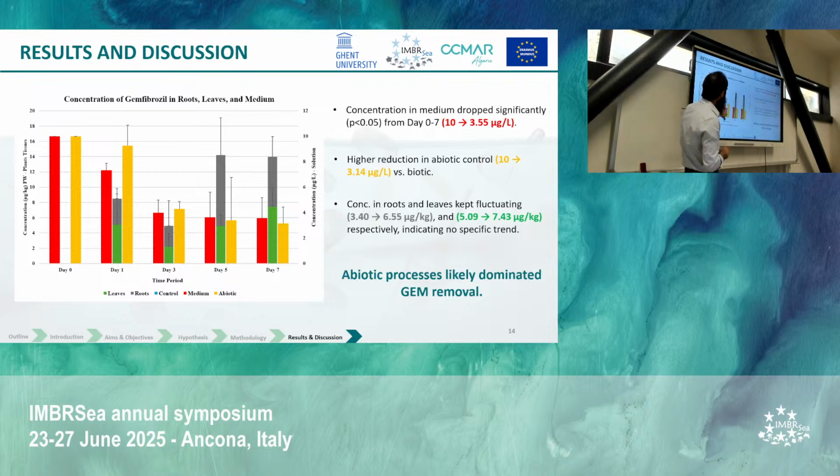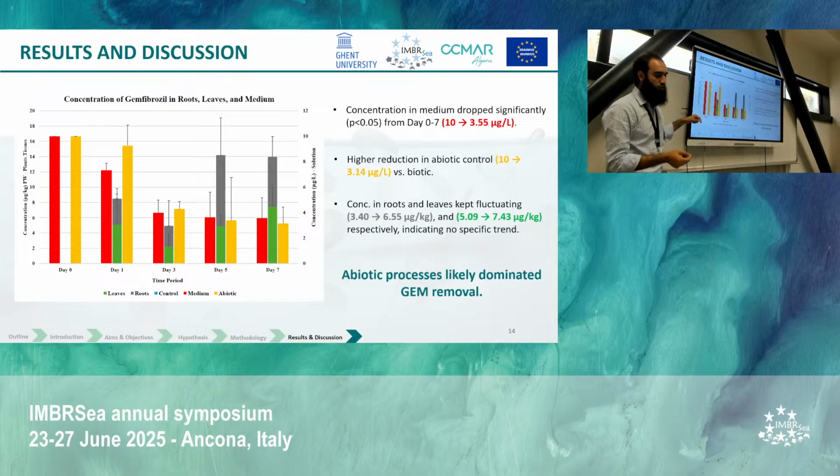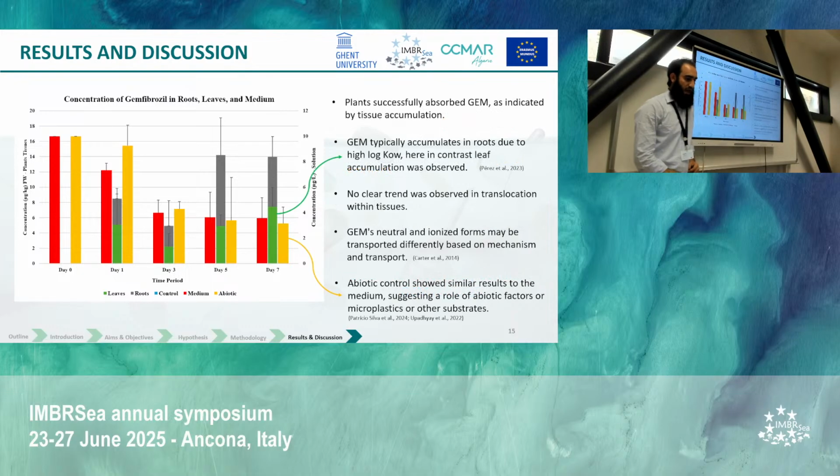And this story doesn't end here. We can see some accumulation in the plant tissue, in the leaves and in the roots. Gemfibrozil can typically go inside the roots, and it has a low KOW value, so literature suggests it will stay longer in the roots.